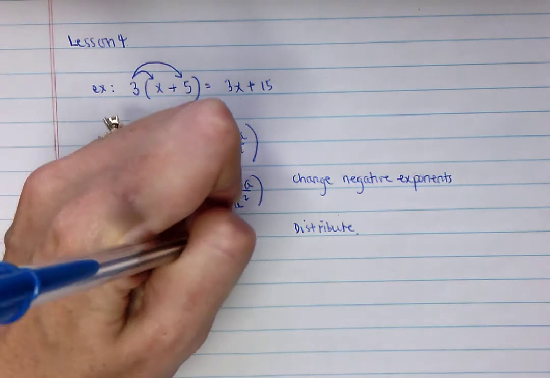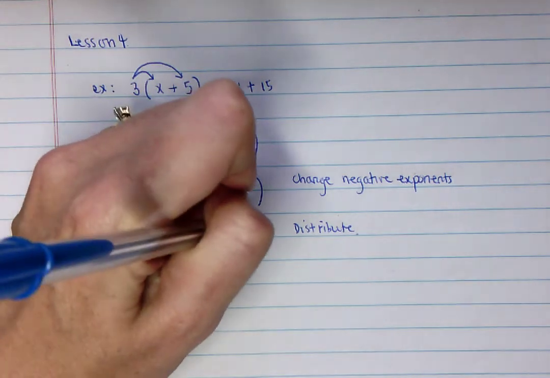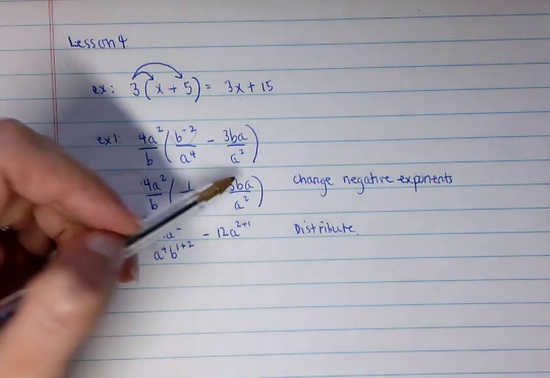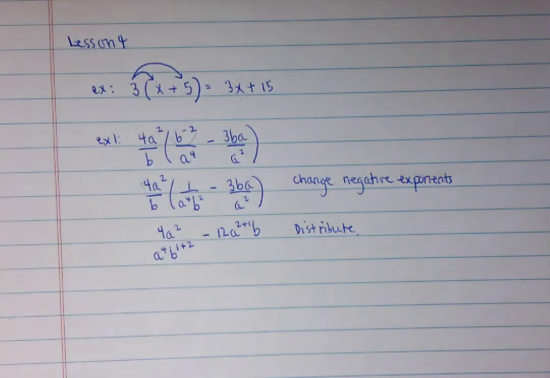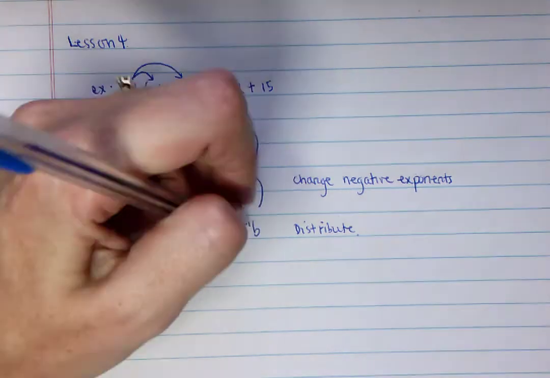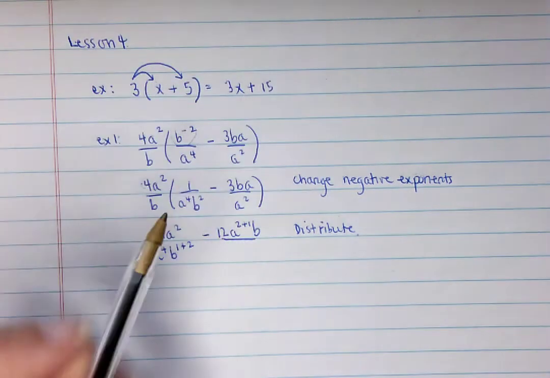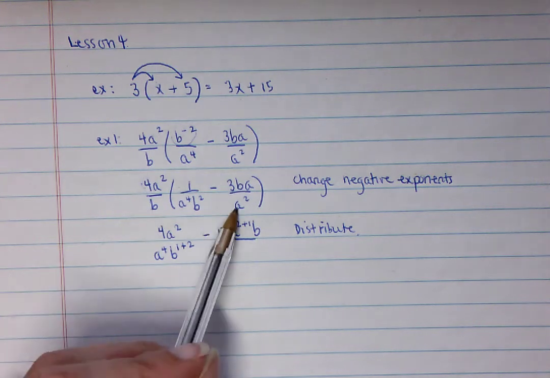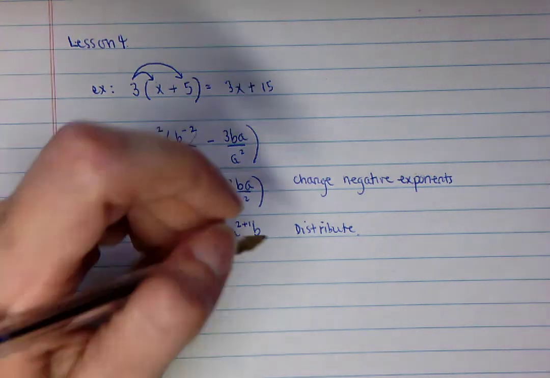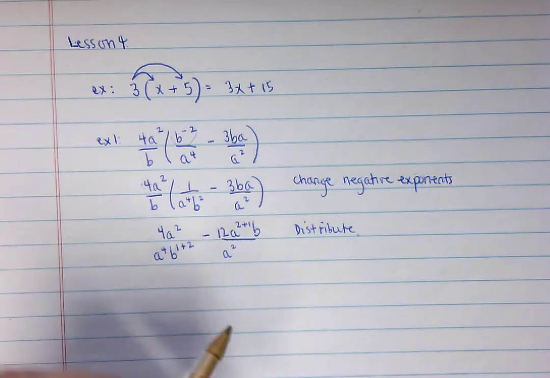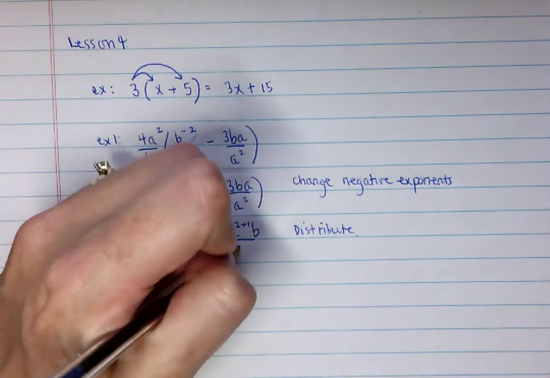So it's a to the 2 plus 1, and then you still have this b here. The reason I'm doing that is because when you multiply powers, you add the exponents. On the bottom, this is just b times a squared. So if I want, I can write the a squared first because I like alphabetical order, and then put b.